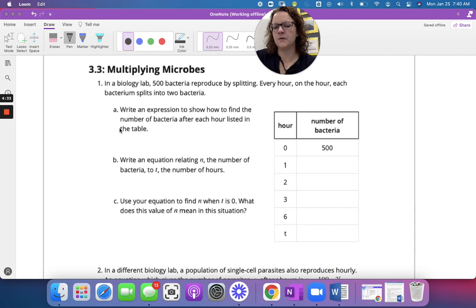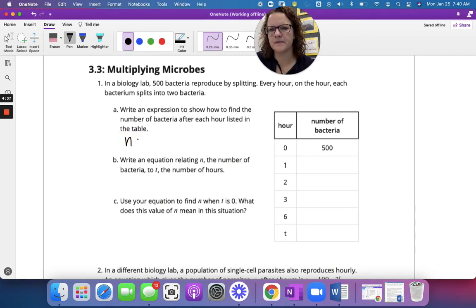So we have our number of bacterium is going to be our initial amount times, let's see, splits into 2, 2 to the time. So that's what's happening. This is my initial.